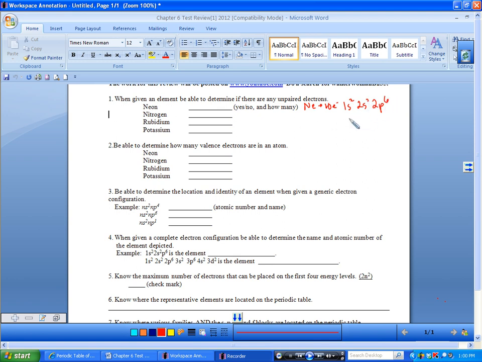None of these are unpaired because if I draw it, there's the 1s. There's the 2s. And then the p's fill up one at a time. So there are no unpaired electrons.